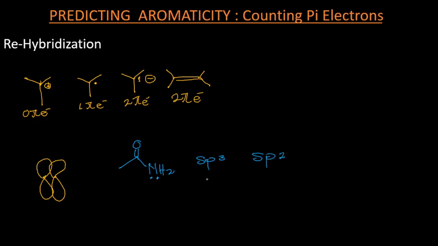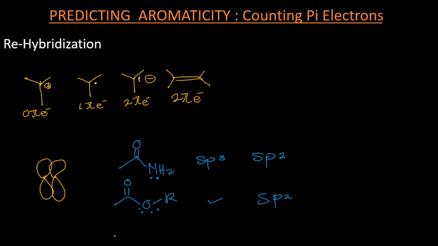And then there are other functional groups. We can also talk about esters. The oxygen here, probably we might be expecting it to be sp3, but it is actually sp2 hybridized. And then we have a lot more.